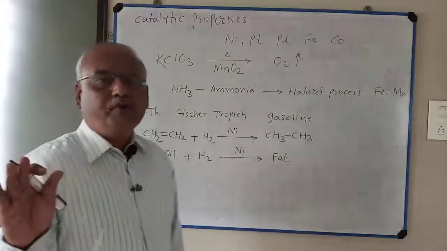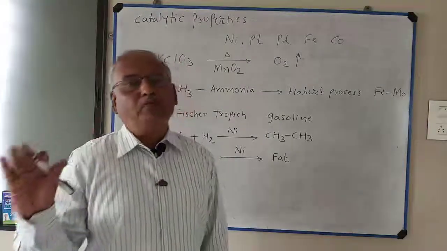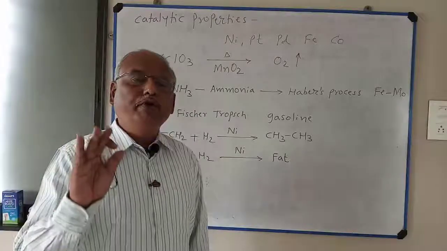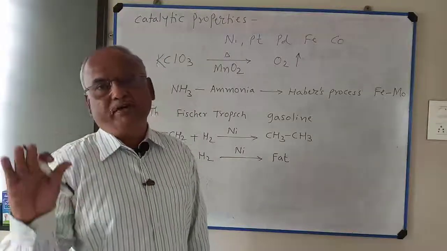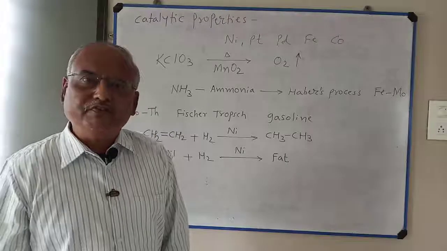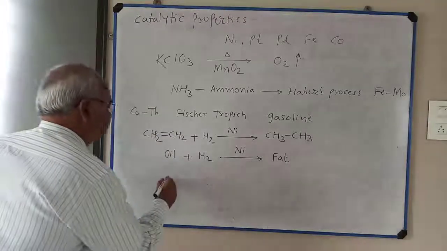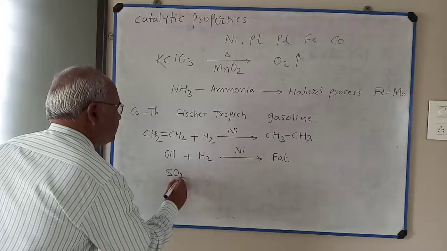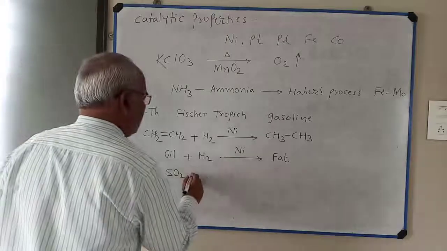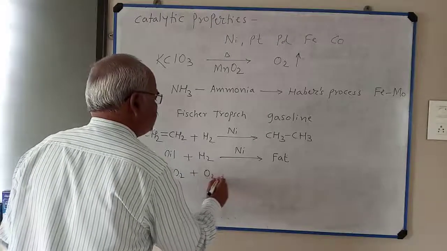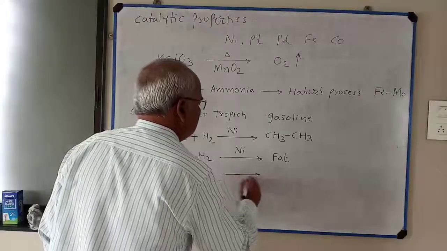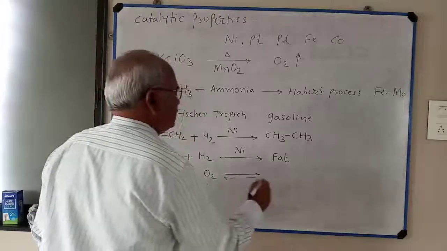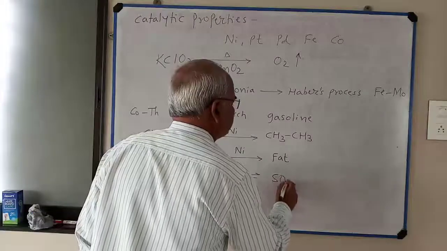H2SO4 is prepared by the contact process. Sulfuric acid is prepared by the contact process. This is sulfur dioxide plus oxygen, it forms sulfur trioxide.